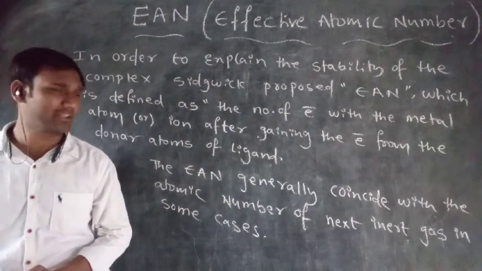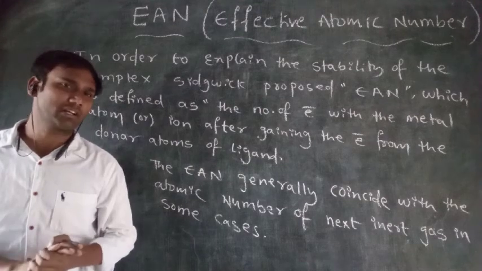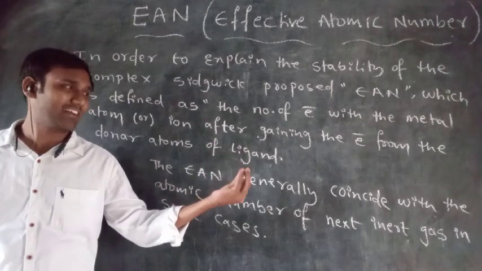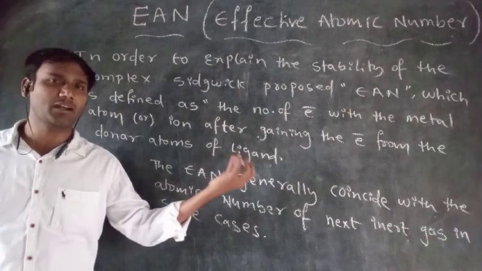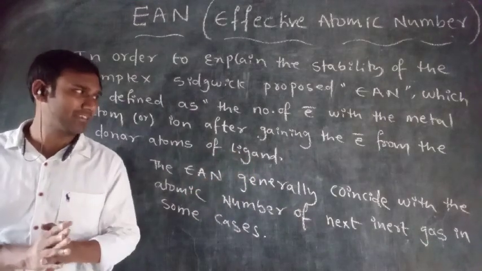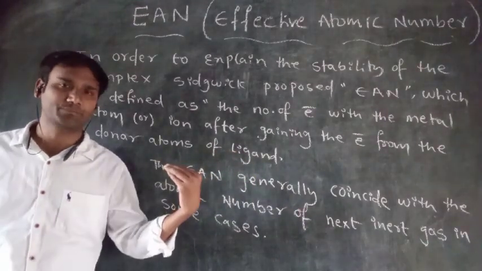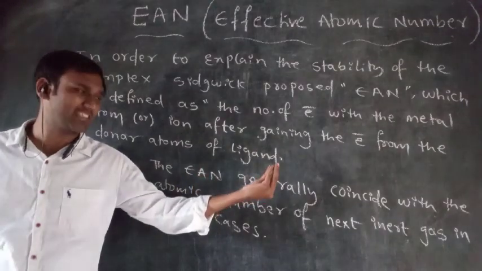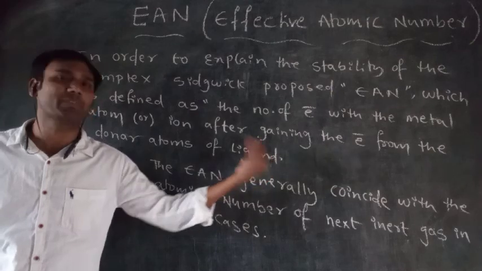Once again, generally in the coordination complex, the central atom and ligands are present in the coordination sphere. The central metal atom or central metal ion is accepting the electrons from the ligand.